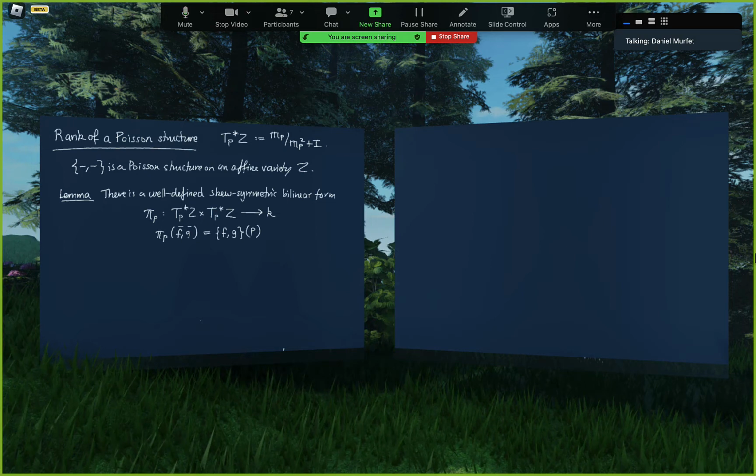Pick representatives, pair them in S. I think I was a little cavalier about this earlier, but MP is a maximal ideal in the polynomial ring, but I can also think about the induced maximal ideal in S, the quotient, and that's what I mean here.